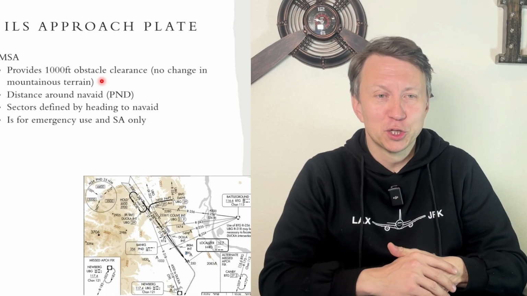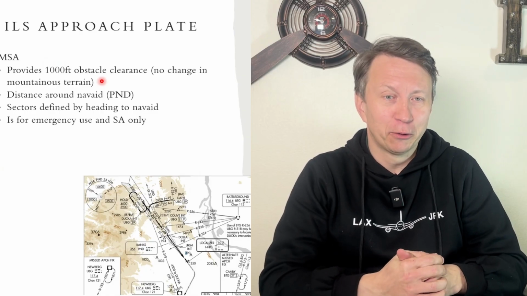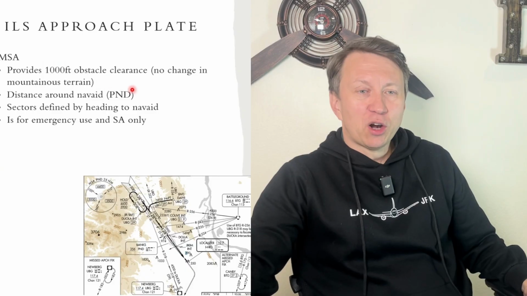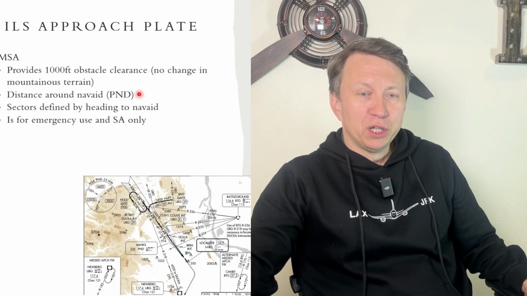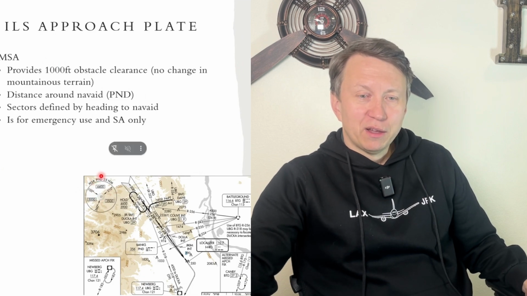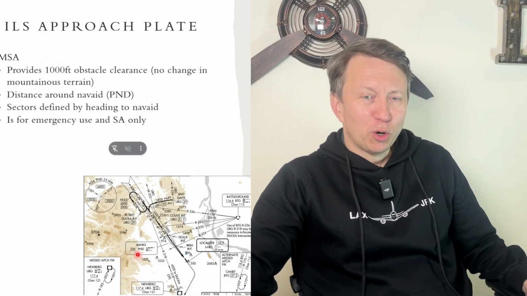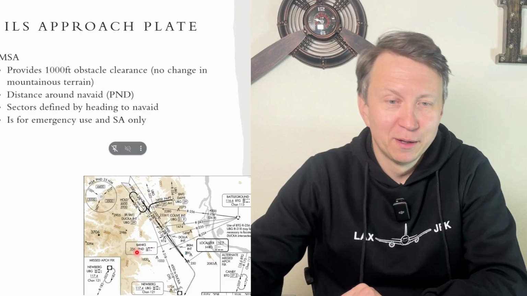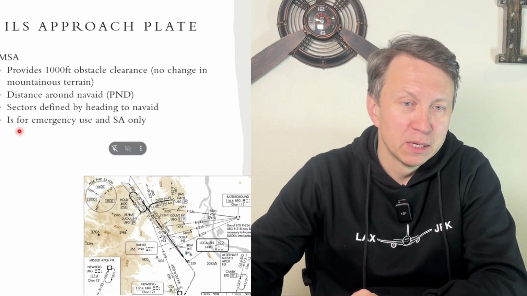So, a little interesting nerdy detail here. MSA is given around a particular navaid or a waypoint, and the name would be right in the title. So in this case, PND, that's the non-directional beacon. I don't know if it's even alive, but that's a waypoint.